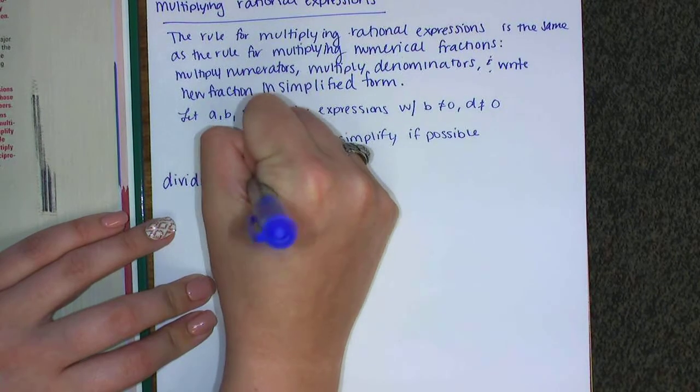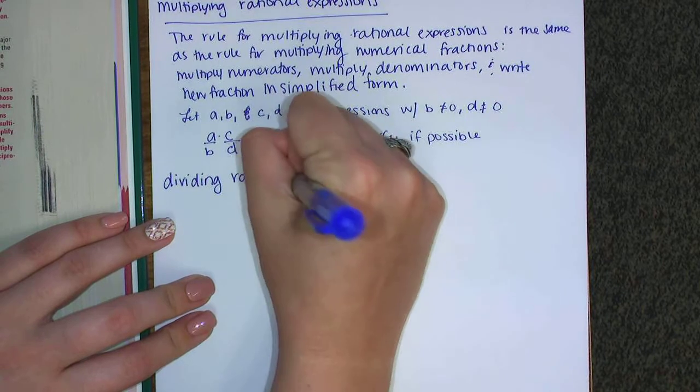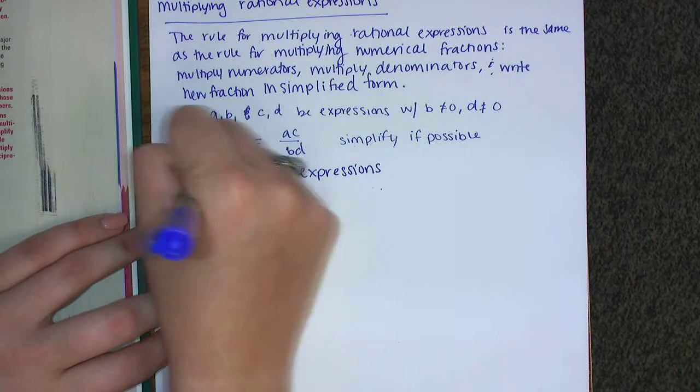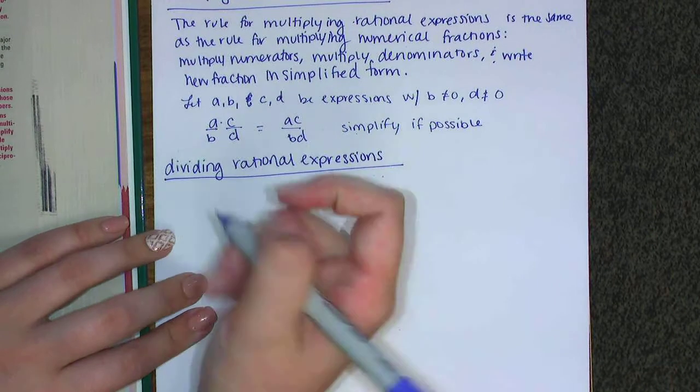So this is the last thing, and then we'll get some examples. All right, dividing rational expressions.